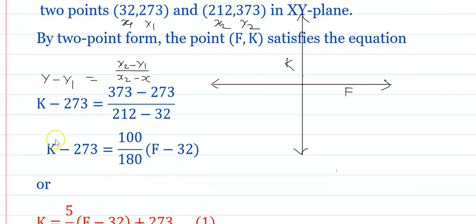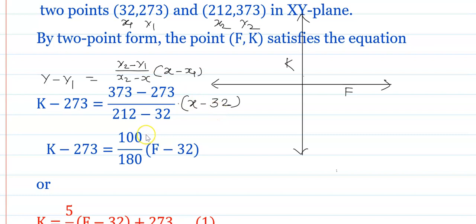After simplification you will get k minus 273 equals 100 upon 180 in bracket, and the equation of the line is x minus x1, that is F minus 32.